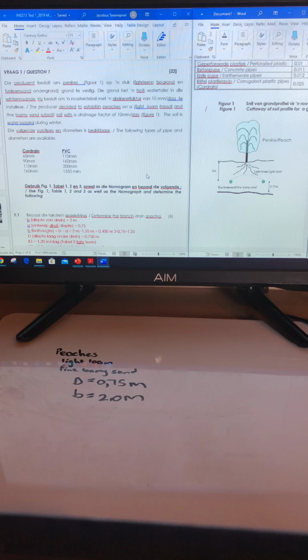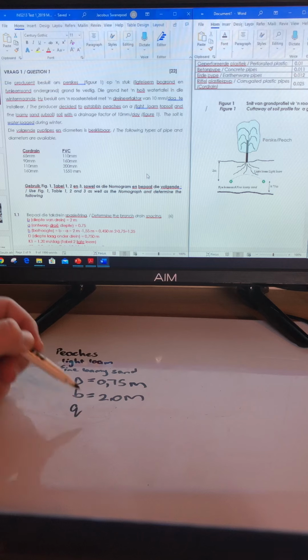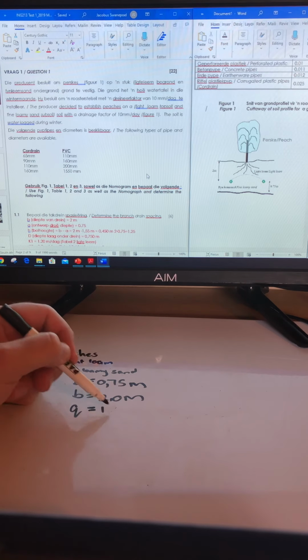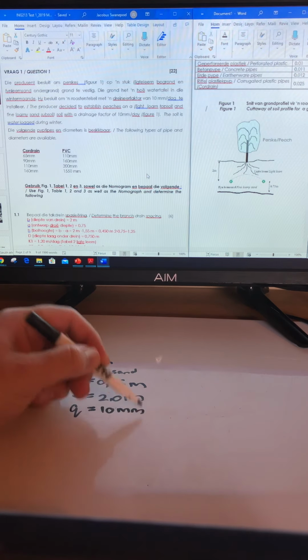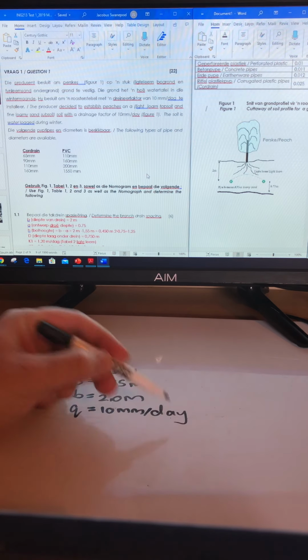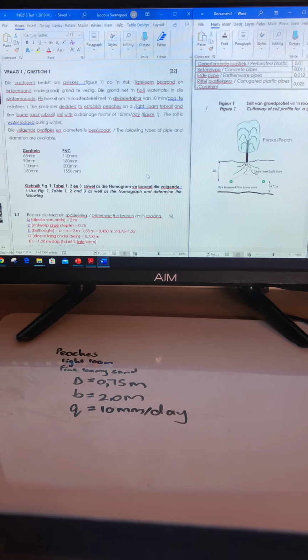So the first thing that you'll write down is peaches, light loam topsoil, fine loamy sand subsoil, 0.75 meters, and then 2 meters. Something else you can also write down is Q is 2 millimeters per day. Those are the important things you get just by looking at the question and then the picture.